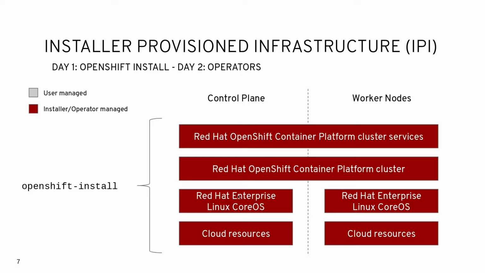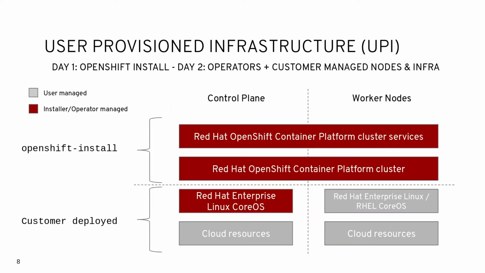The first mode you see here is fully automated installation, where everything is done by the installer. For example, if you want to install OpenShift on AWS, you just provide your credentials to your account, and all the infrastructure, the machines, and everything that is needed is provisioned automatically by the installer.